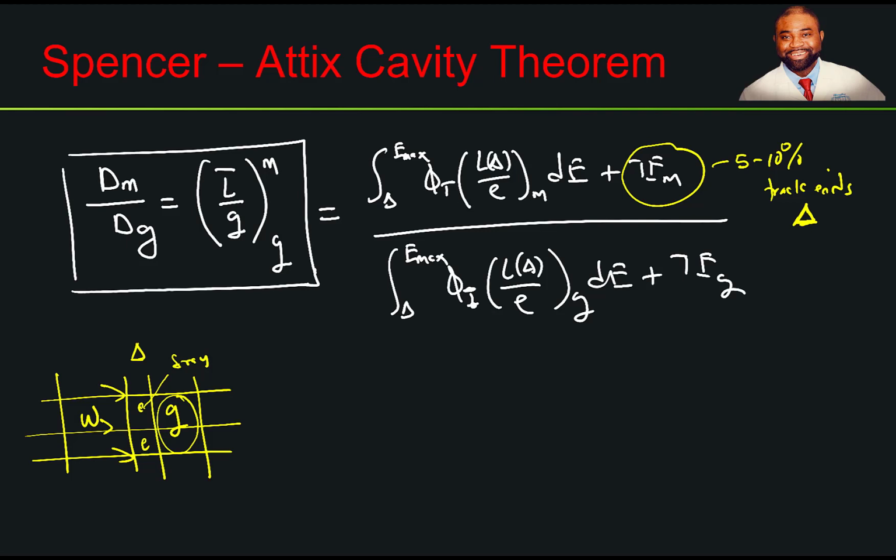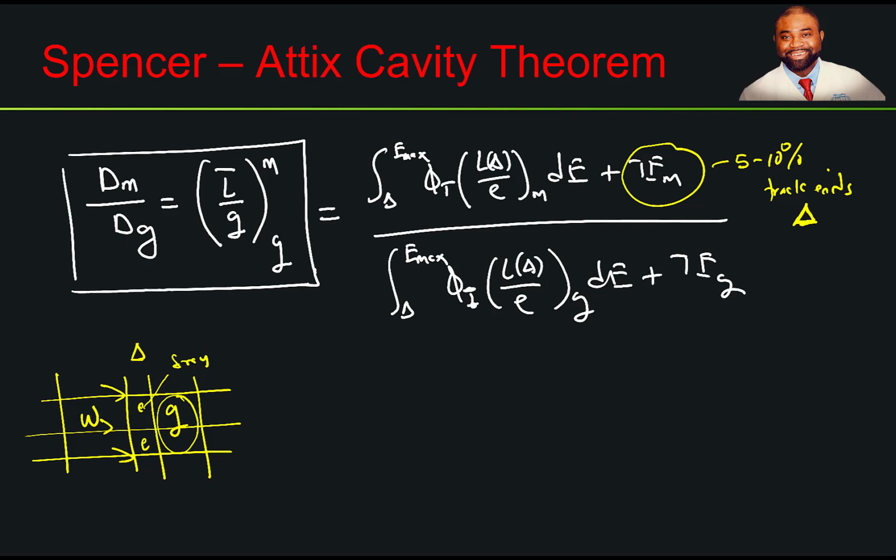Now, before we move on, there are a few terms that I would like to define here. The Bragg-Gray cavity theorem deals with the unrestricted mass collision stopping powers, but the Spencer-Attix theory relates the doses to the restricted mass collision stopping power with the cutoff energy required to generate delta rays in the walls of the chamber, which essentially implies that the Bragg-Gray cavity theorem really underestimates the dose deposited within the cavity.